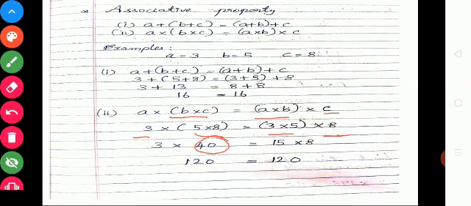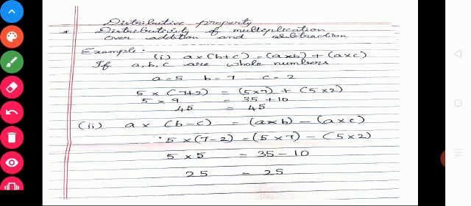So 3 into 40 is 120. And then next, 3 into 5 is 15. 15 eights are 120. So this is the associative property for multiplication of whole numbers. And then next, distributive property.